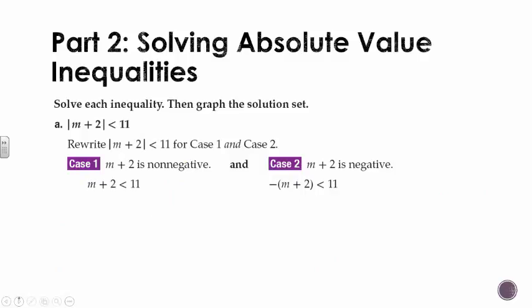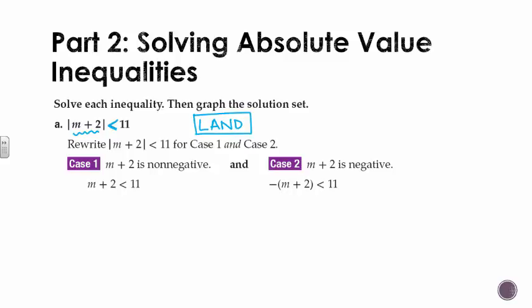So let's solve one. I want to solve all the numbers that are in here that are less than 11. So remember, when you see this, you want whatever is inside here to be less than 11 spaces away from 0. So less than means it's going to be an "and" problem. Just keep that in mind.